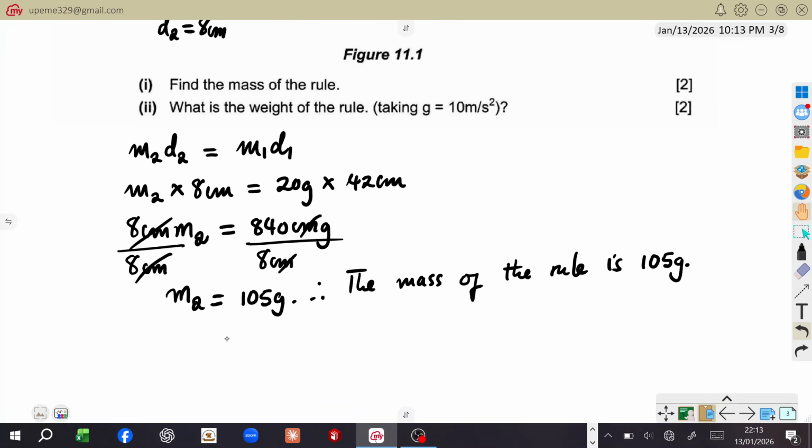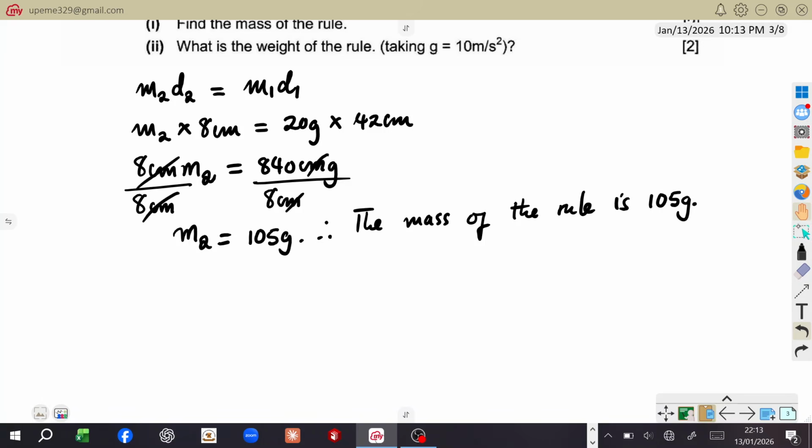Then they are asking what is the weight of the rod. I told you that weight is equal to mass times acceleration due to gravity.